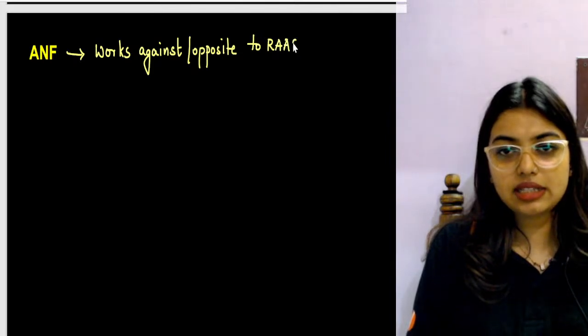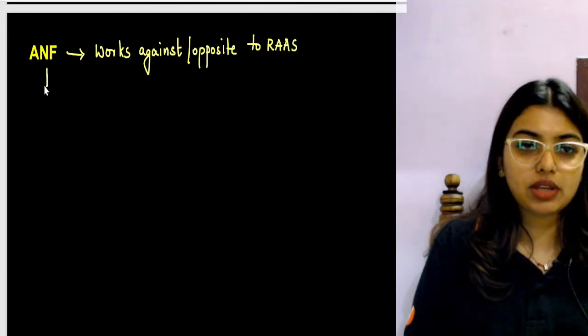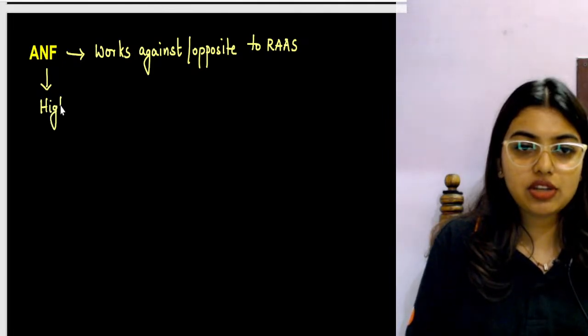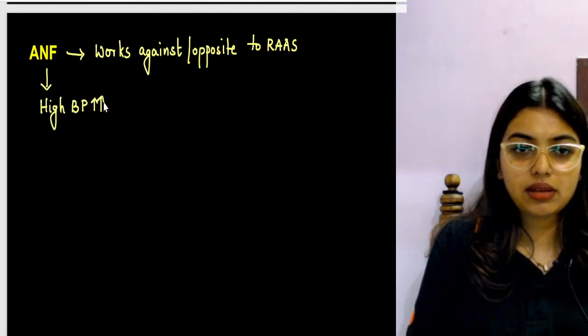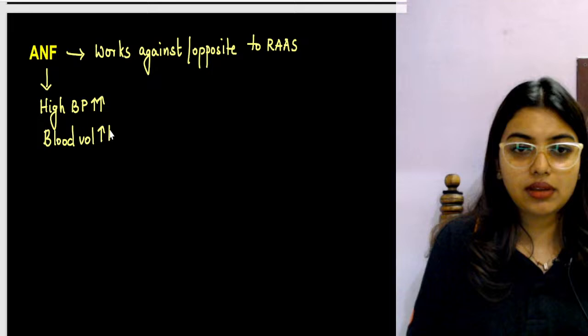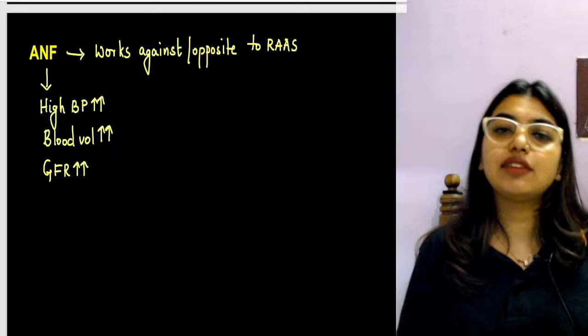Why am I telling this? Because here the problem is going to be high BP. When you see your NEET question paper, high BP, high blood volume, high GFR rate, opposite of RAS. When everything is high, ANF is going to work.